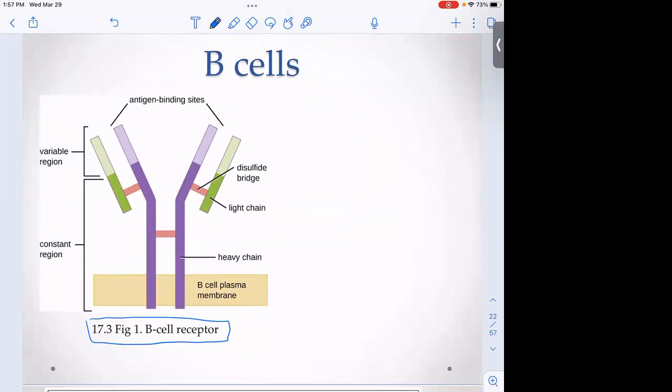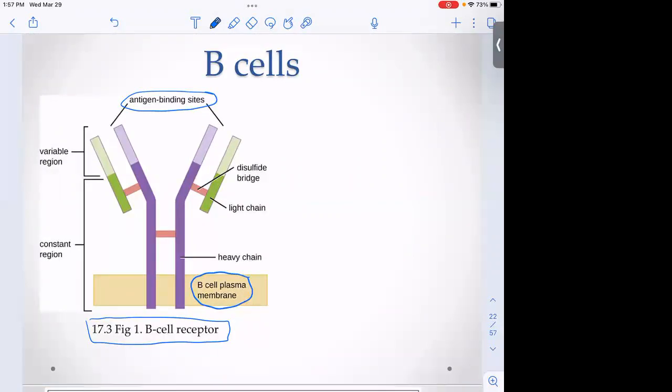if you look at it, it should look familiar because it looks just like an antibody, which we just talked about. So there's two heavy chains, there's two light chains, there's these antigen binding sites. And this is going to be anchored right in that B cell plasma membrane.